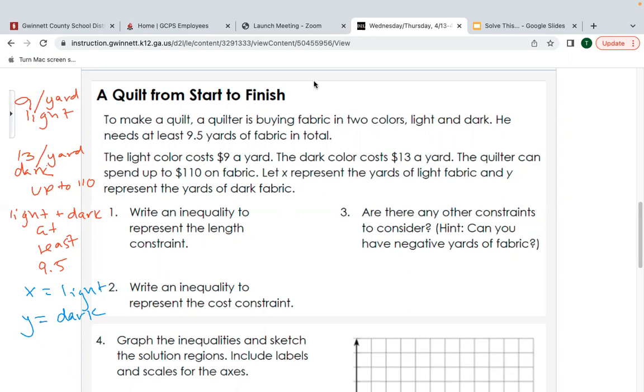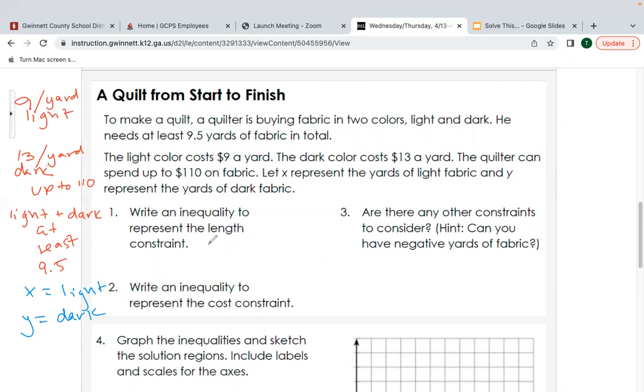First of all, we have to identify what numbers deal with the length. They told us that we have light and dark fabric, and they say that we need at least 9.5 yards. Let's write that out as an inequality.